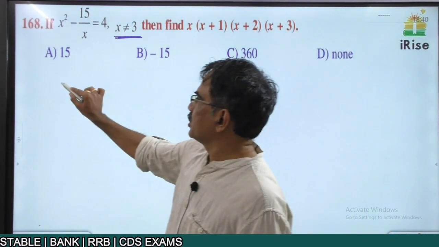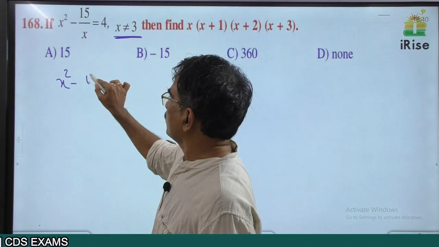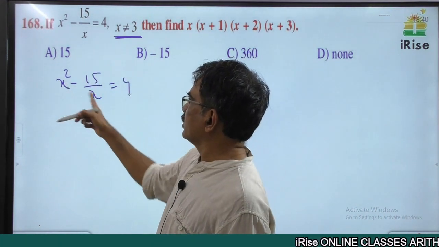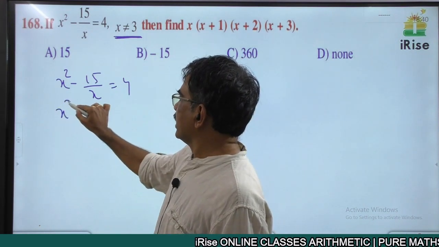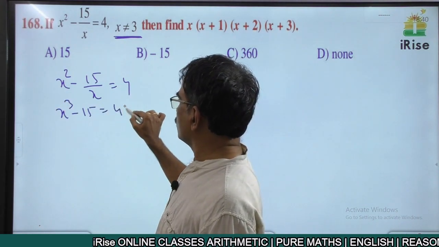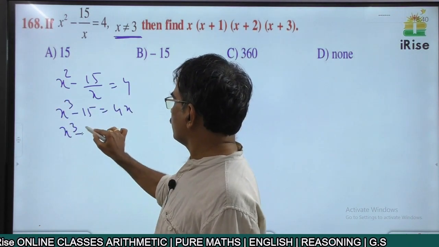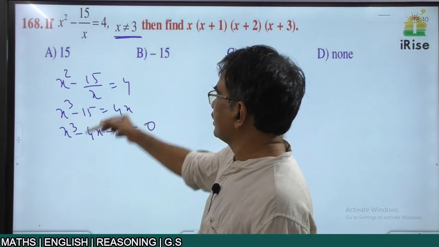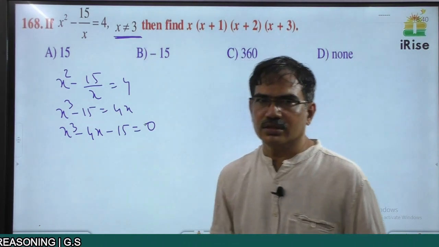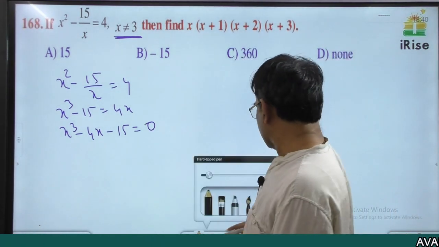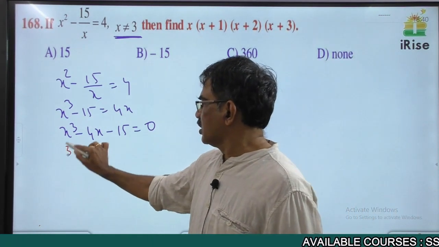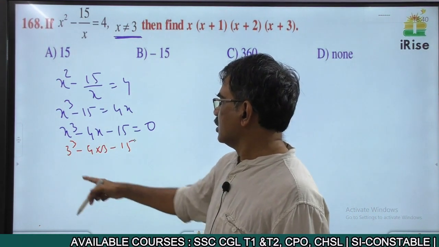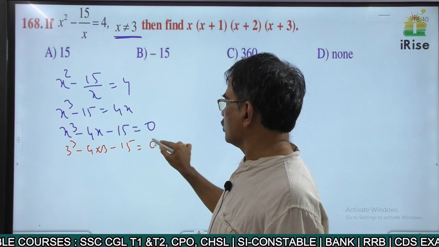See this condition: given equation x square minus 15 by x is equal to 4. I want to write this equation as x cube minus 15 is equal to 4x, so x cube minus 4x minus 15 is equal to 0. If you put x is equal to 3, this is satisfied. 3 cube minus 4 into 3 minus 15, 27 minus 12, 15, 0, satisfied.